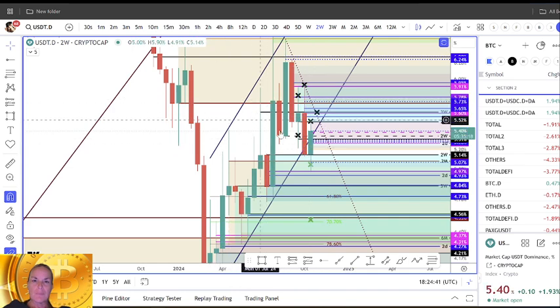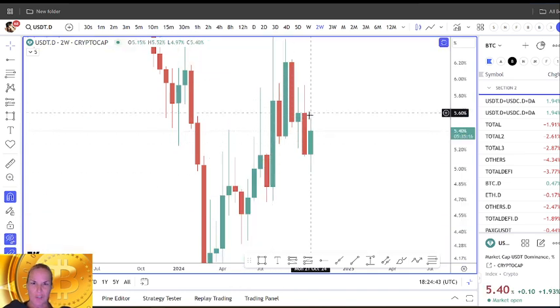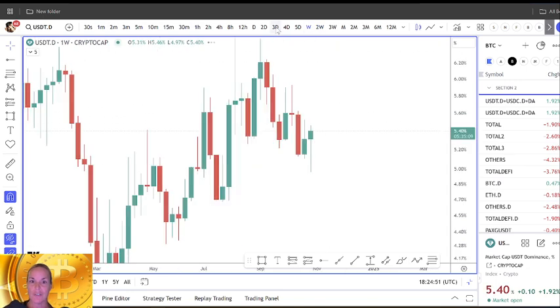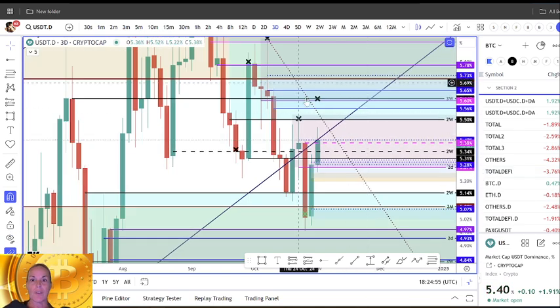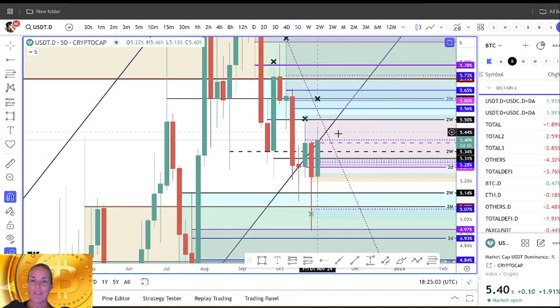Within that, again, still a bit too messy here. We had a 2 week supply here, which is where we got the rejection previously coming down into the 2 months. So we're now heading back up in that direction. The next zone I was interested in, and I haven't looked at this in enough detail yet for the confluence with other charts, is a 5 day supply up here inside the 2 week.